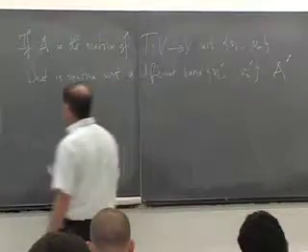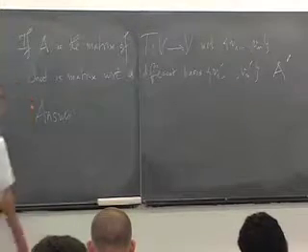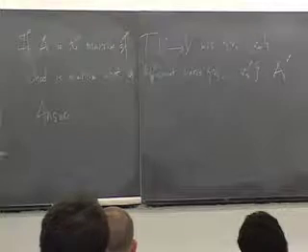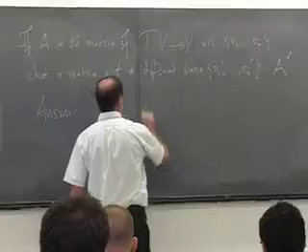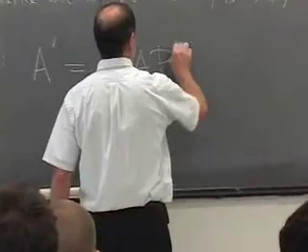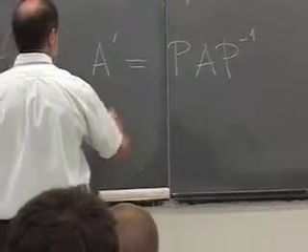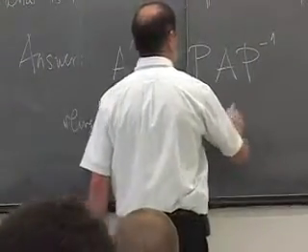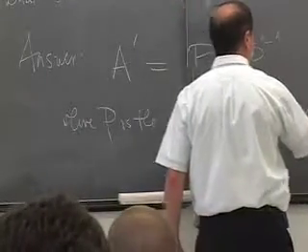Well, the answer is, and I'm going to let you look at Artin for the computation here because I've never found this computation to be at all illuminating at the blackboard, that A prime is equal to P A P inverse, where P is the invertible n by n matrix giving the change of basis.